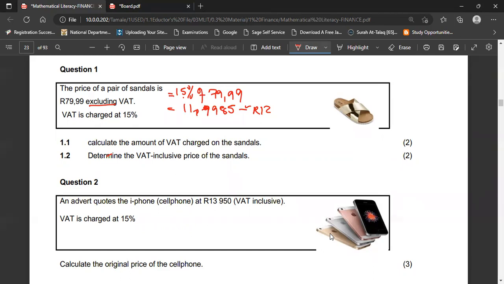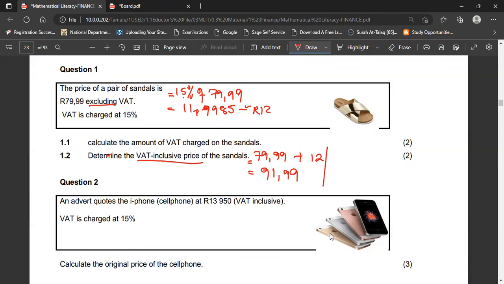So determine the price including VAT, the VAT inclusive price. So simply, it is supposed to be 79.99 plus the VAT that you've just got, which became 91.99.